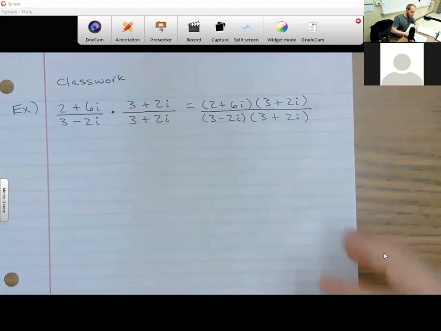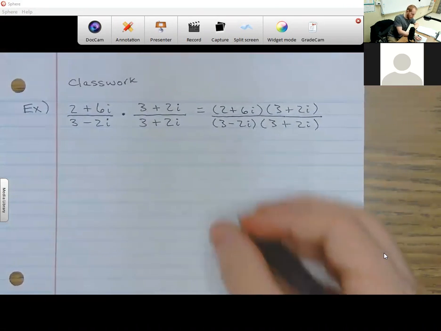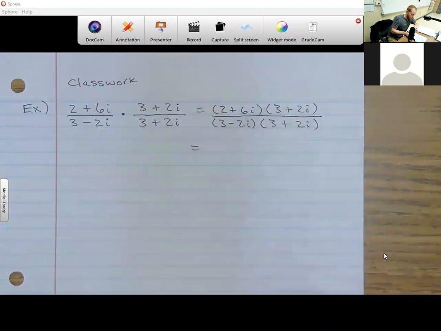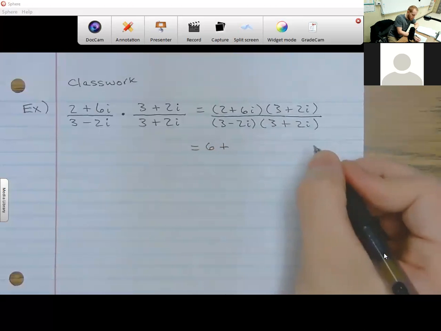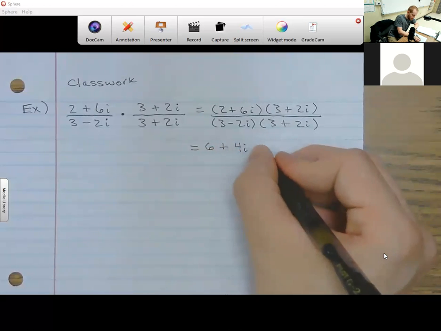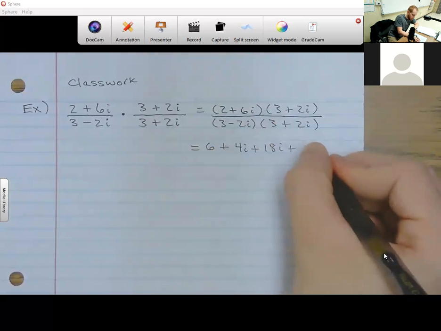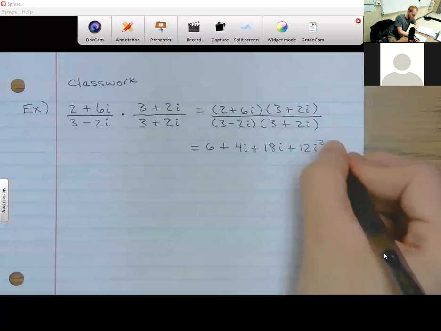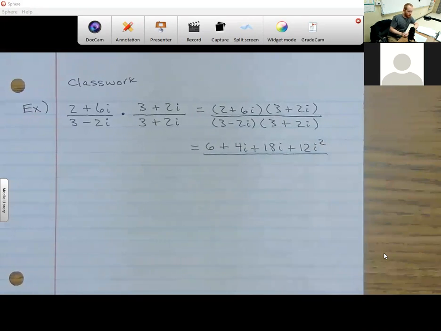Okay? So I'm going to do the math at the top kind of quickly. I'm going to use the FOIL method to do it. So I know that 2 times 3 is 6. The outer terms are going to give me 4i. The inner two terms are going to give me 18i. And then I got this 12i squared hanging off. All right, so that's the top part.